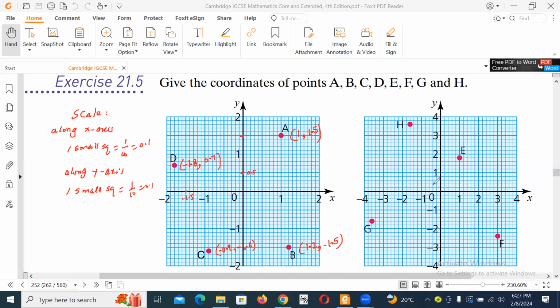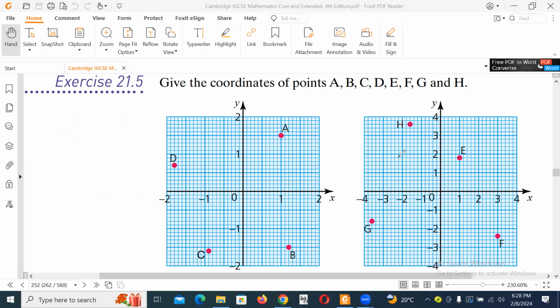If we check the second one also, for example, you must know what the scale is first. So if you check the scale for the second, we have 0 to 1, it's 5 boxes, okay? So this is the scale along the x-axis.